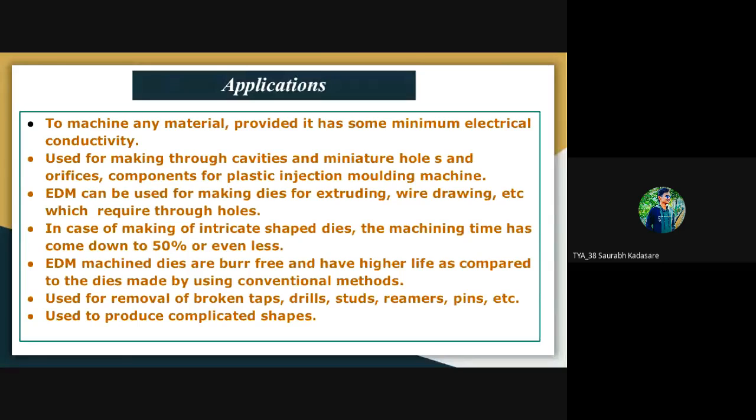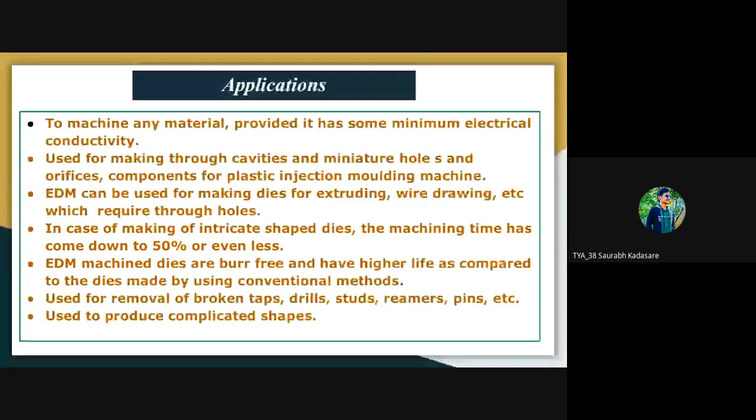Then EDM process can be used for making dies for molding, casting, forging, stamping, coining, forming, etc. Also it can be used to make dies for extruding, wire drawing, etc., which require through holes. Again it is employed for tiny holes and orifices, say 50 micron. Then for the fragile features, that means micro size slots, you can use this EDM process.